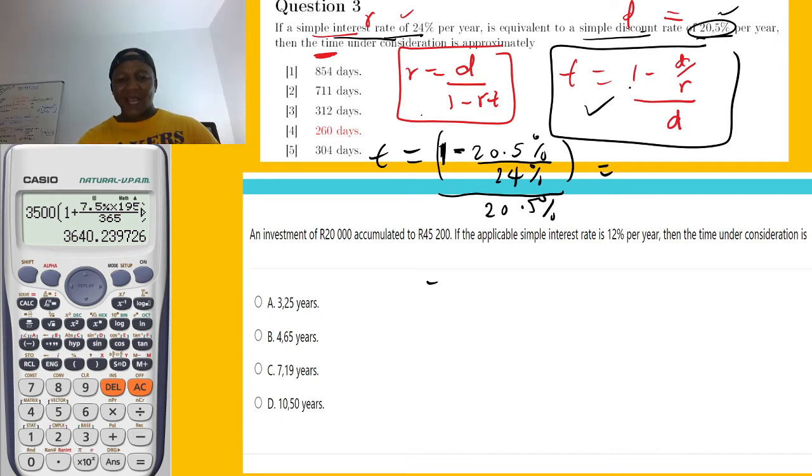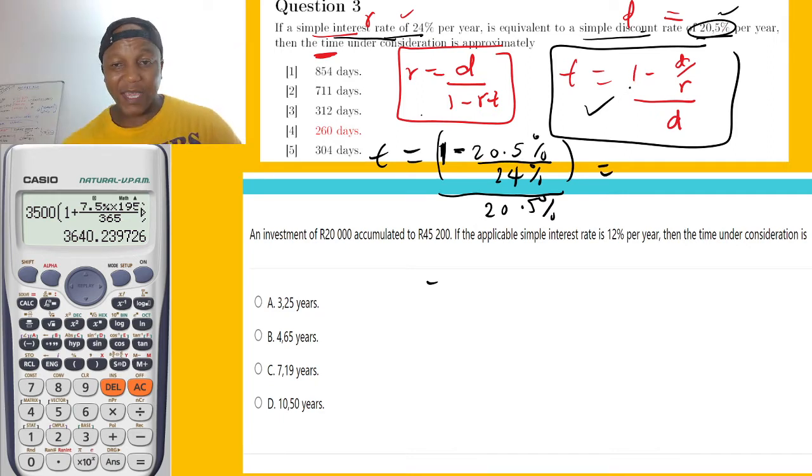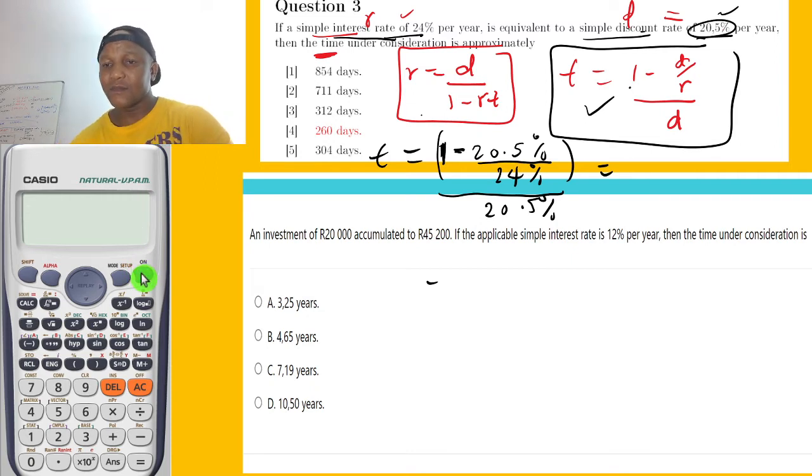So let's plug it into a calculator quickly so we can get an answer. We say fraction. For the top one, I just plug in the bracket, and 1 is just a 1, and then minus, and then we say fraction.